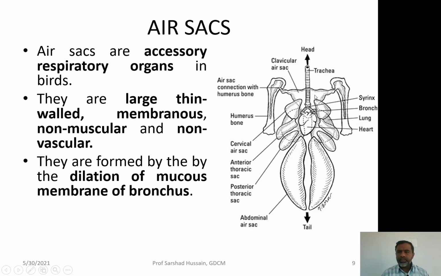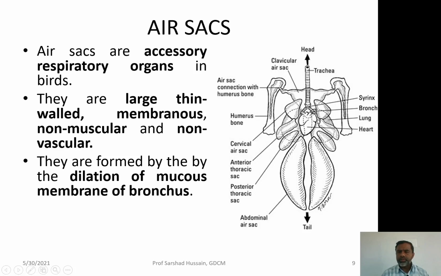Sometimes the air sacs continue with the pneumatic cavity of the bones, the pneumatic bones. So basically, the air sacs are developed by the dilation of the mucous membrane of the bronchus. This is the trachea, which is dividing into bronchi.